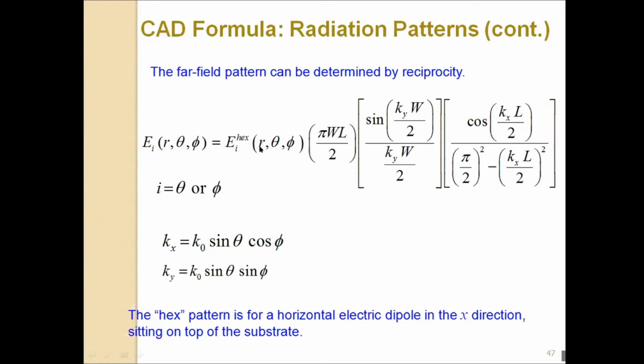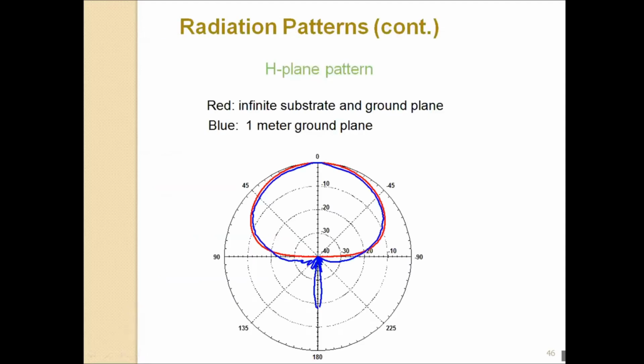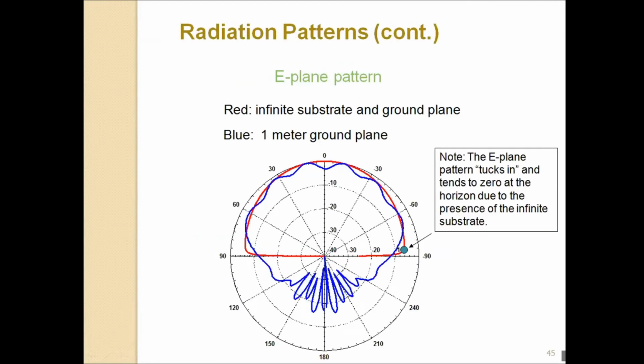R is the distance from the origin point to the point where the antenna position is kept. Width you can substitute, length you can substitute. If you implement this simple function in MATLAB, you can get the radiation pattern of the E-plane pattern like this.